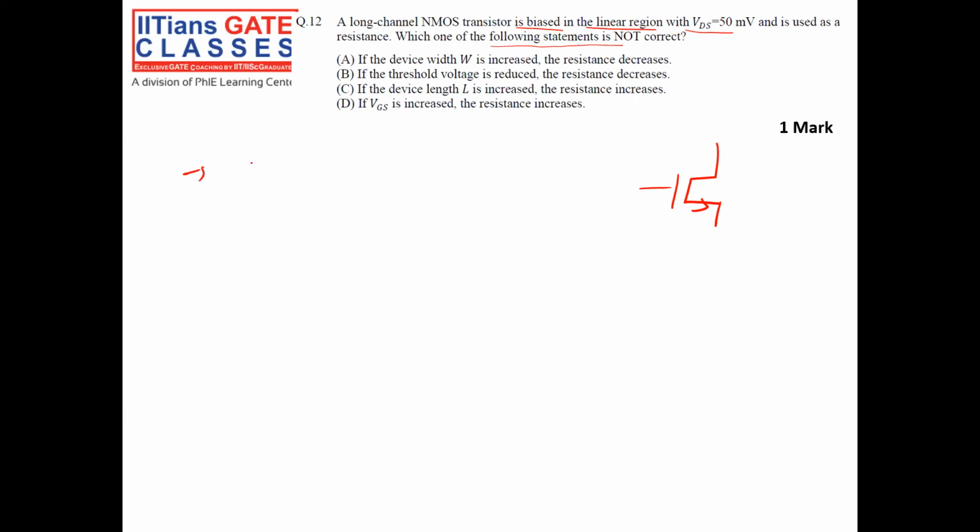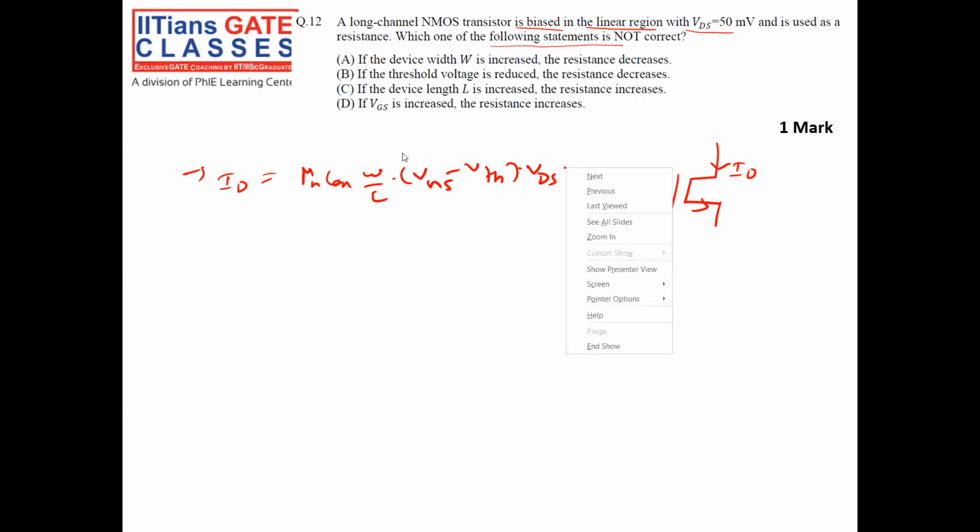So when we are in the linear mode of operation, the current ID in my transistor will be equal to mu Cox W by L into (VGS minus VTH) into VDS minus VDS square by 2.